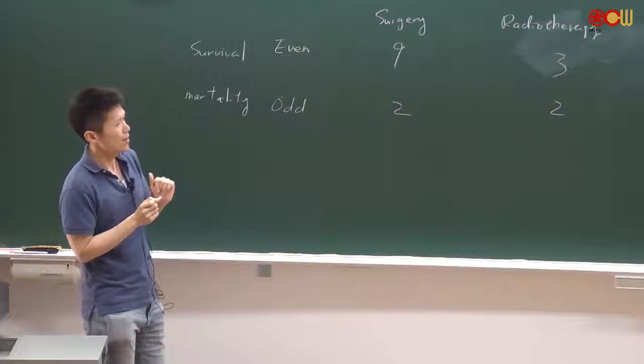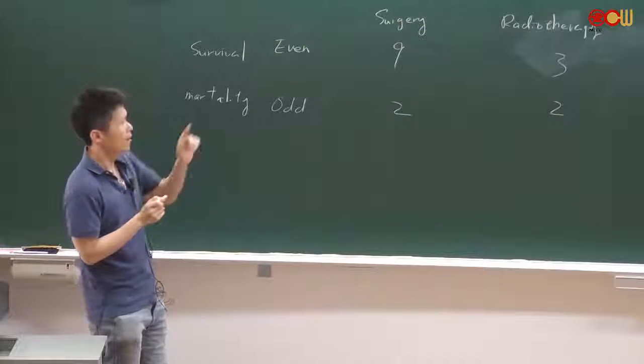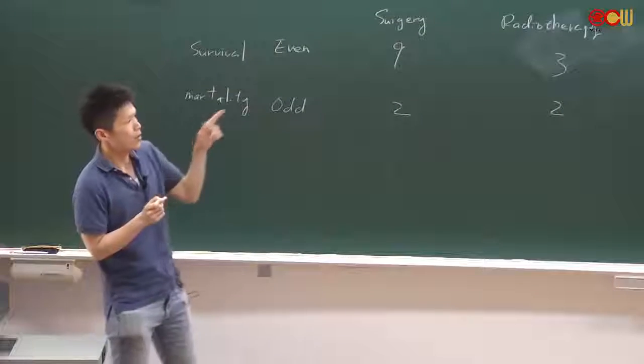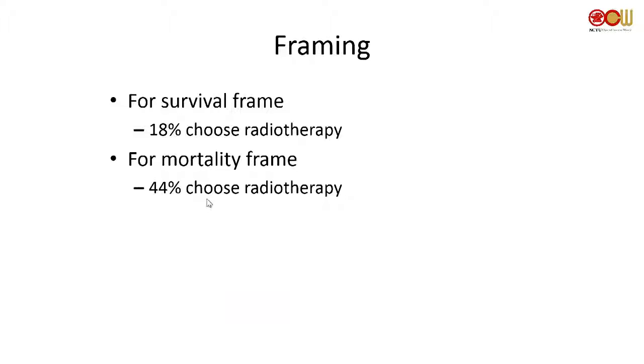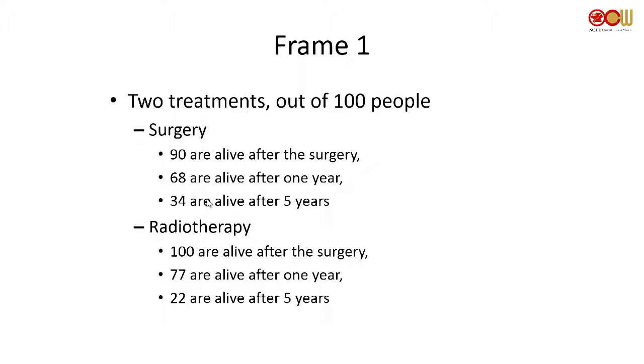Actually, the result is sort of similar to theirs. What is the survival frame? This is the information the even numbers got: the survival rate. 90 of them will be alive after the surgery.